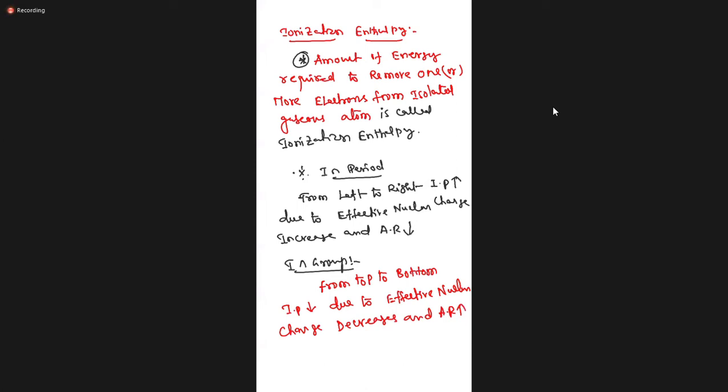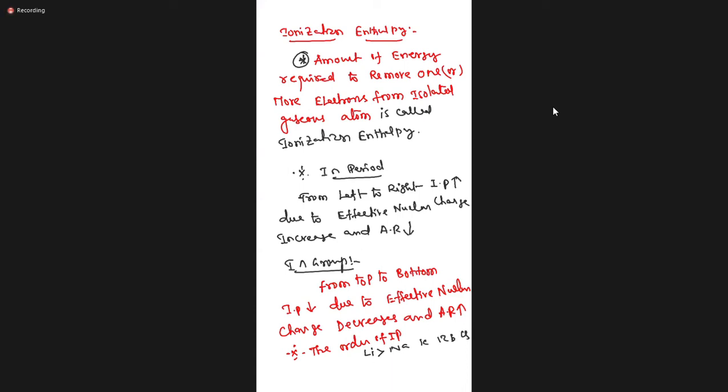So that is the order of IP in the first group elements. Lithium has the highest IP and cesium has the lowest IP. Lithium, sodium, potassium, rubidium, and cesium.